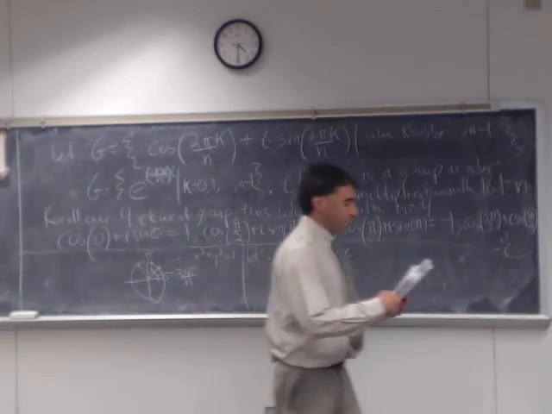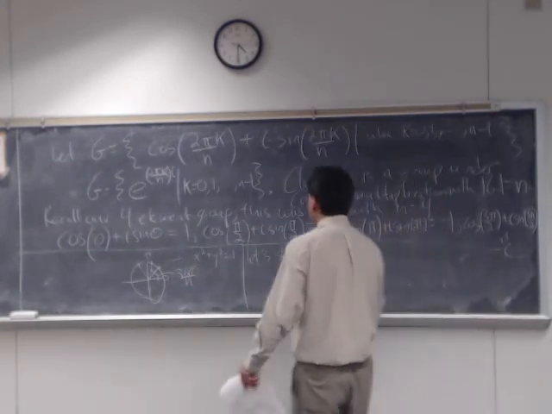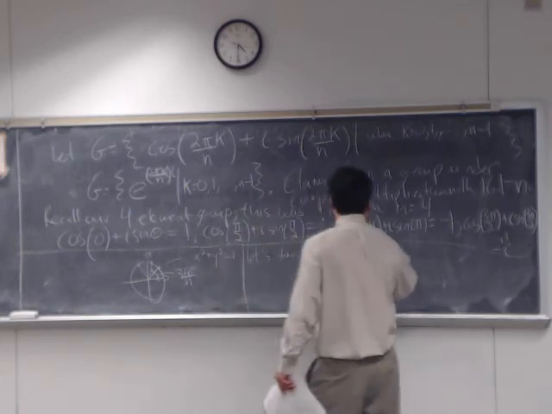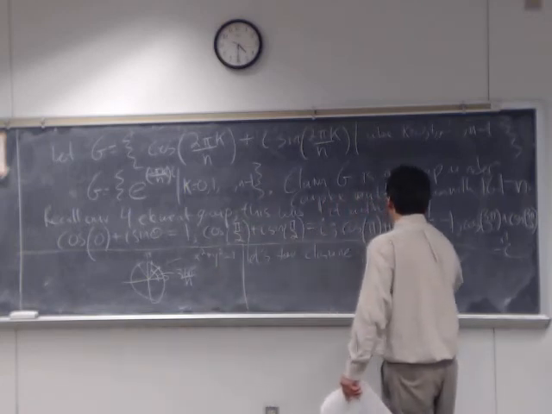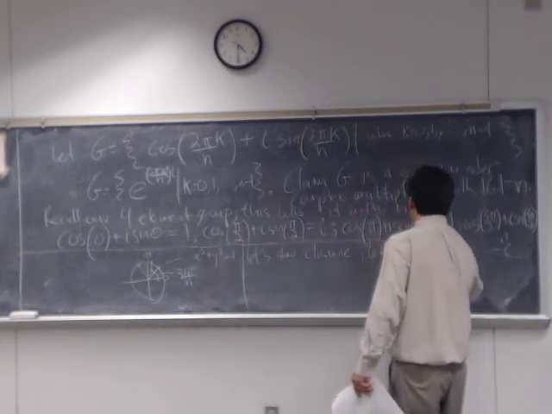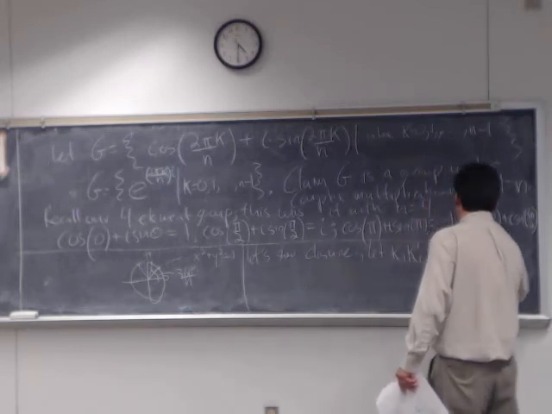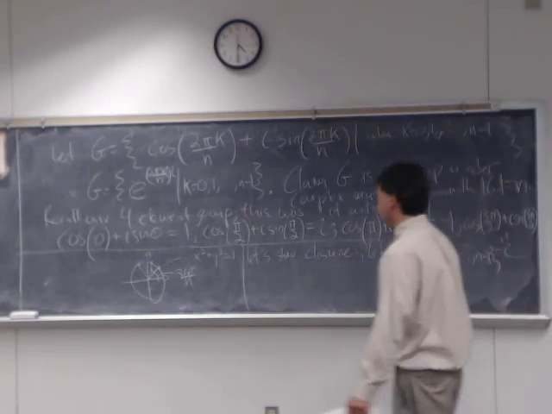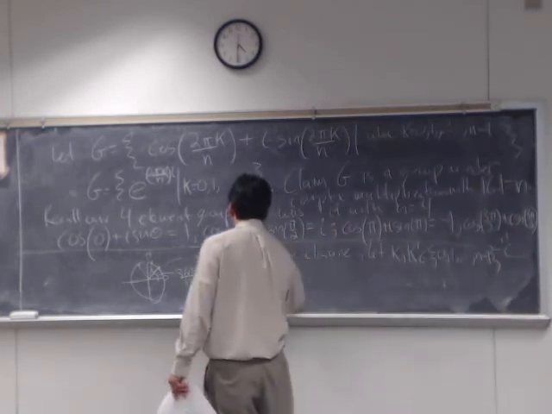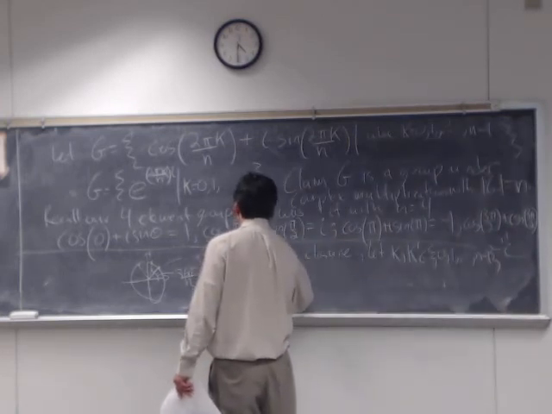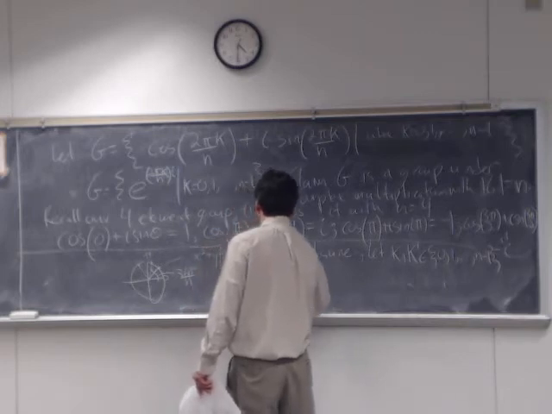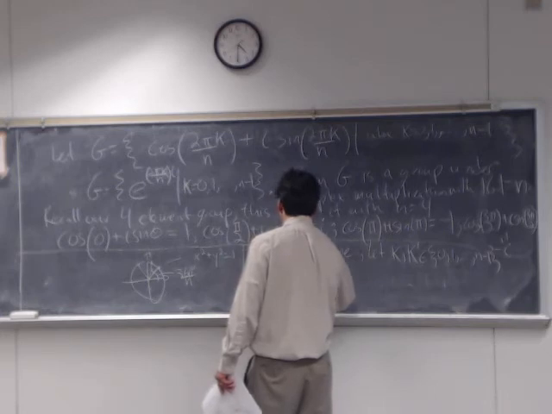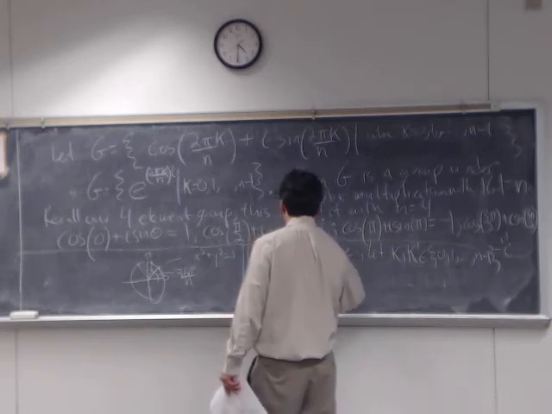So let's show closure. Let k and k prime be numbers from 1 to n minus 1. If we look at e to the i 2 pi over n times k times e to the i 2 pi over n times k prime.